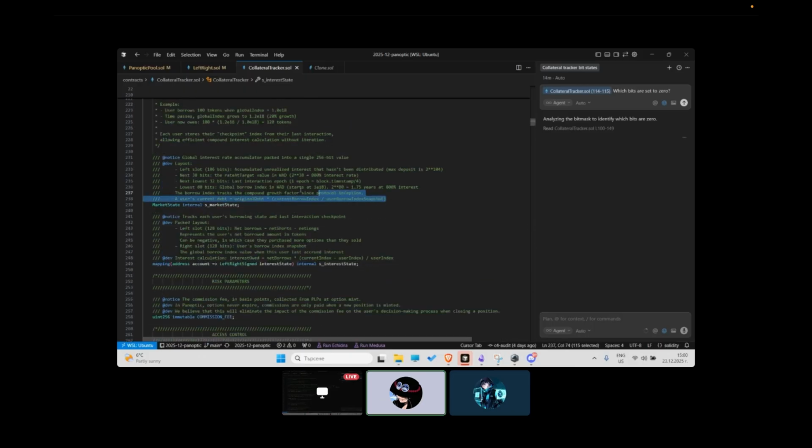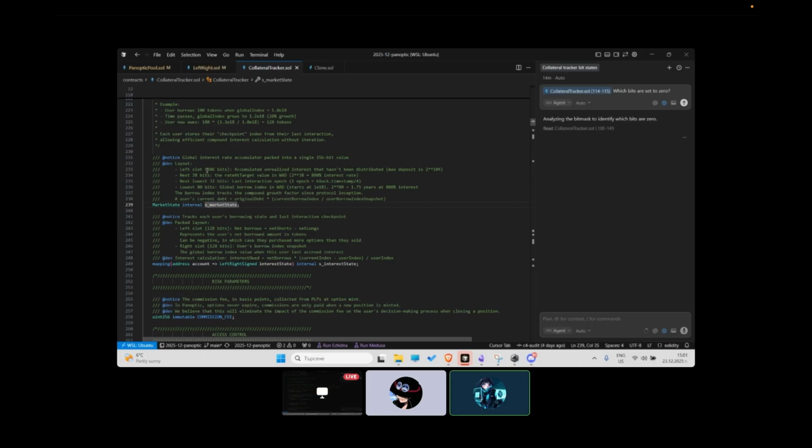Do you read these comments at first sight? I think you have to in this case, because they tell you how they store the information in an optimized way, in a single word. But actually, you don't need to read this.